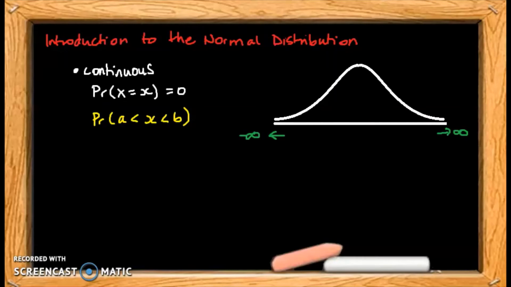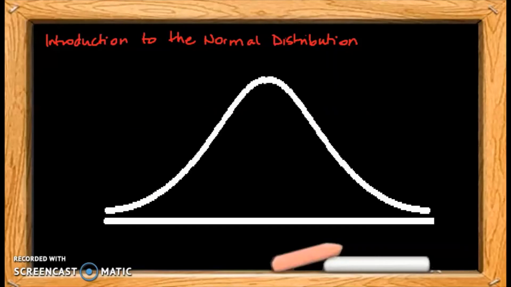So what we're going to do is have a look at this in a little bit more detail. So here I've got my symmetrical bell curve. You can see it's symmetrical, and the middle point here is the mean, which we use mu for.